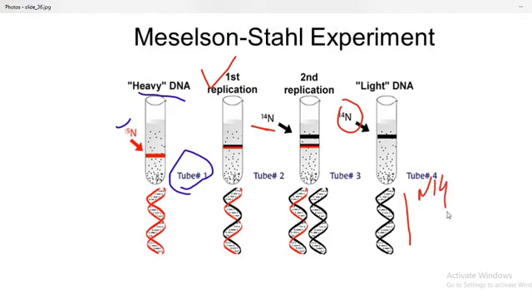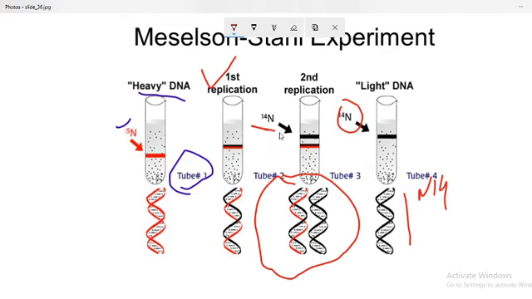And this one is the hybrid type, where one strand is from the parental strand and another strand is from the daughter strand. See here, the red one is the N15 band and the black one is the N14 band. That means one is N15 and another is N14.